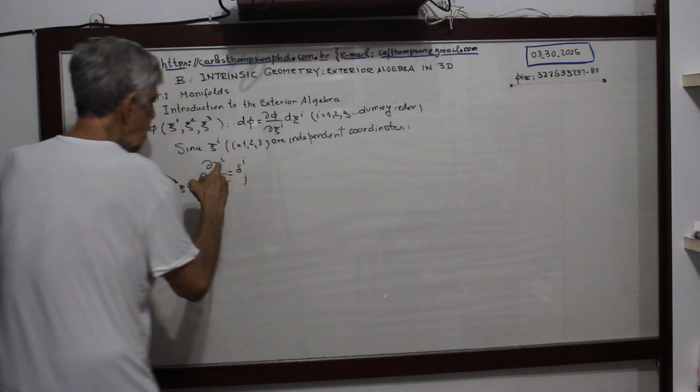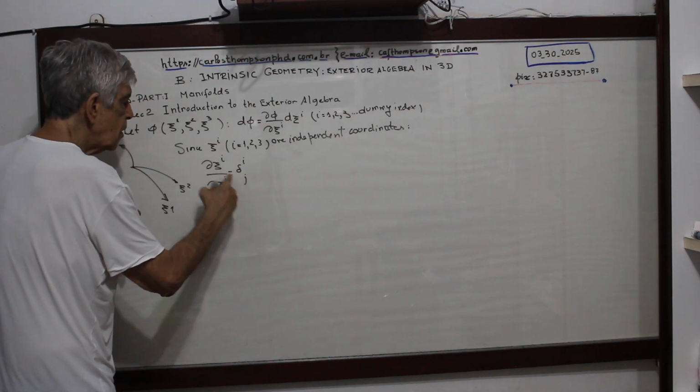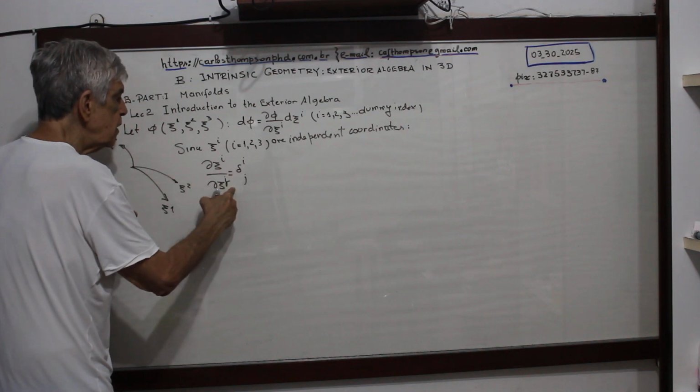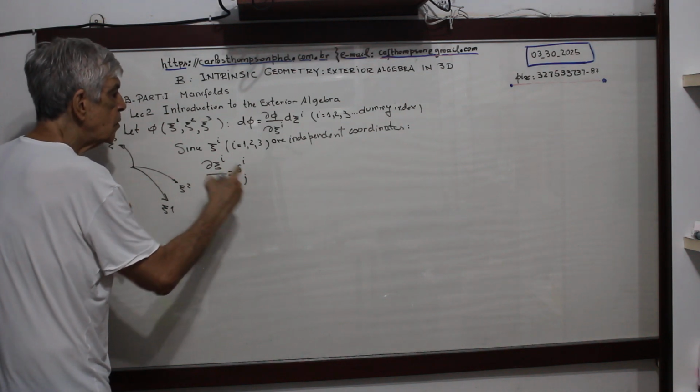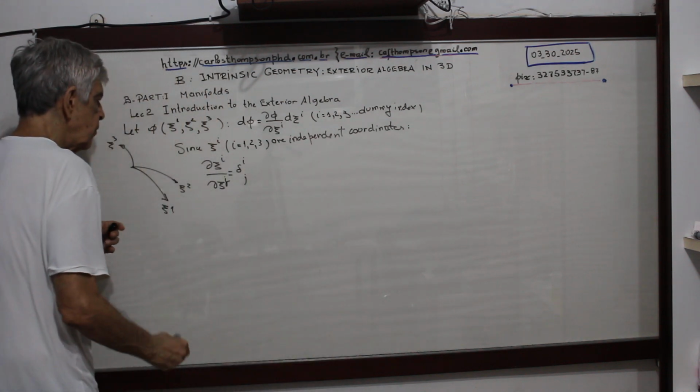When i is equal to j, this will be 1. When i is different from j, this will be 0, since they are independent coordinates.